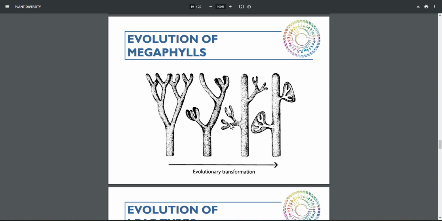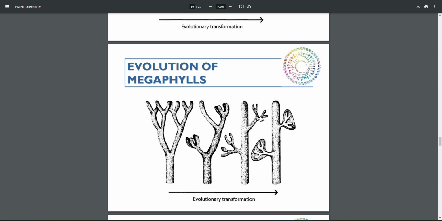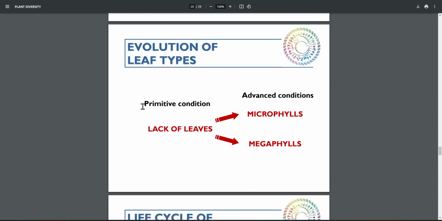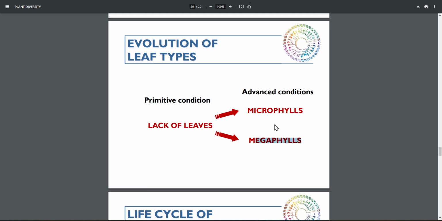Imagine this leaf only having veins and no other structures, so only xylem and phloem on the leaf, without the rest of the leaf structures. This is what happens. And then as it grew, more of the leaf structures, the photosynthetic parts, grew in. So that's how the megaphyll has an extensive vascular tissue of veins. And then the leaf types. So primitive condition with no leaves, and then they grow independently from each other.